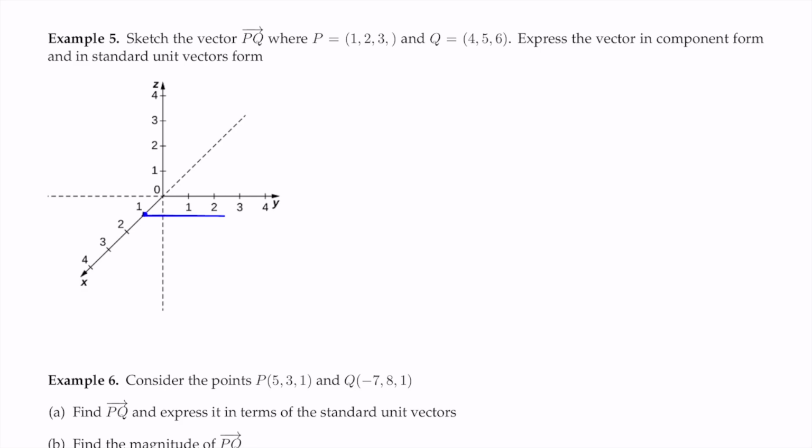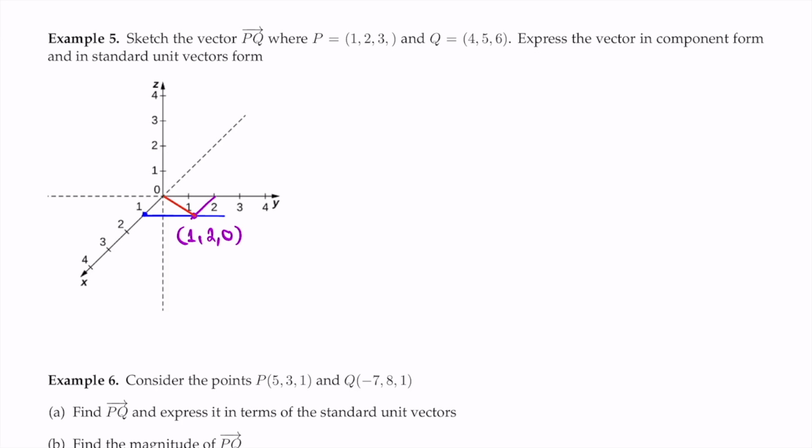On the y-axis, you go to positive 2 and draw the line that is parallel to the x-axis. The purple line and the blue line intersect at one point, and that point is 1, 2, 0. Then from the origin, you draw a line connecting the origin with the point 1, 2, 0, and that line is in red.